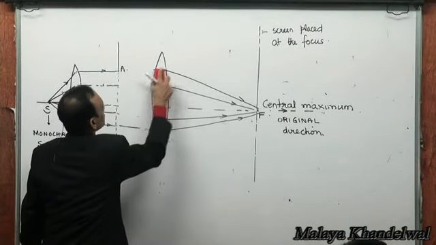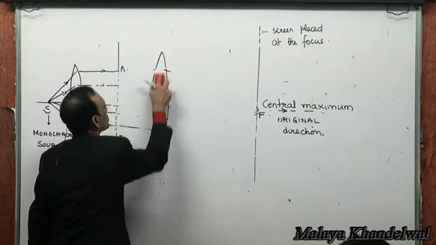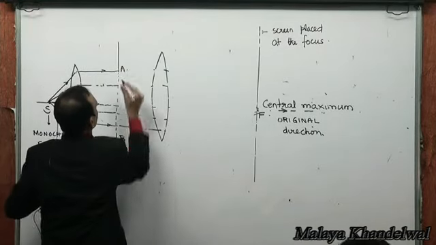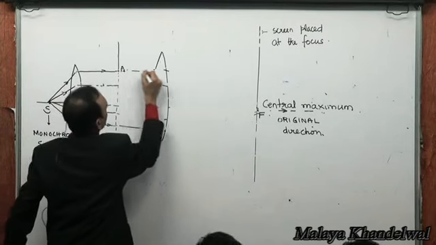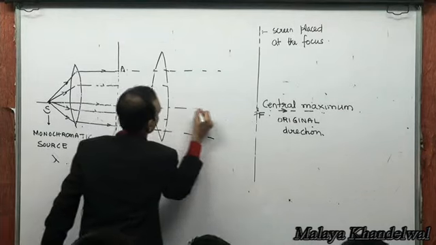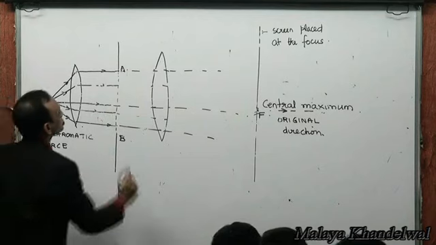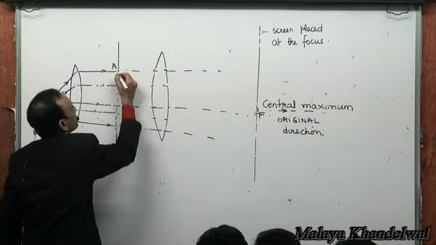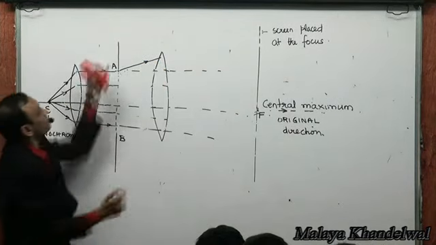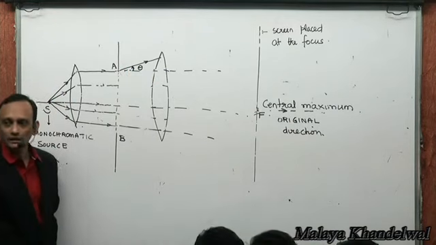Now let me look at this. This, of course, is the original direction. Now, say there is a particle at A which diffracts the beam at an angle theta, flares out the beam at an angle theta.